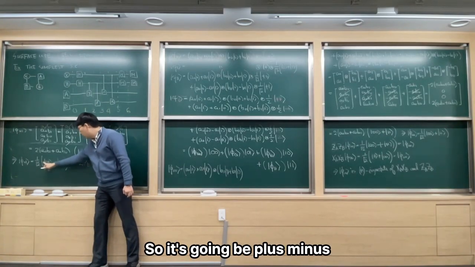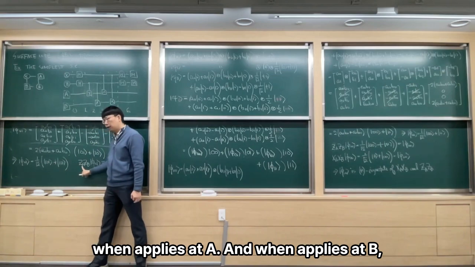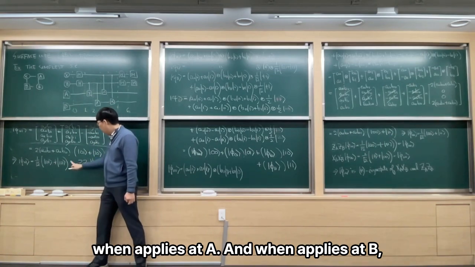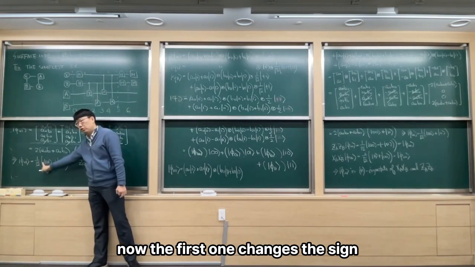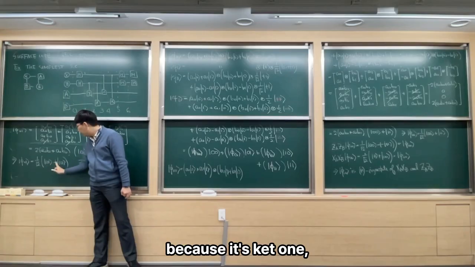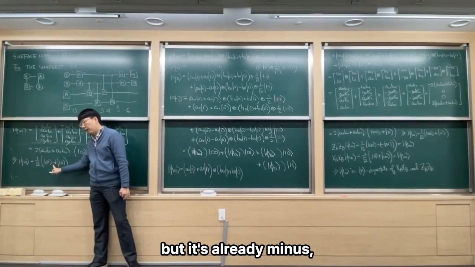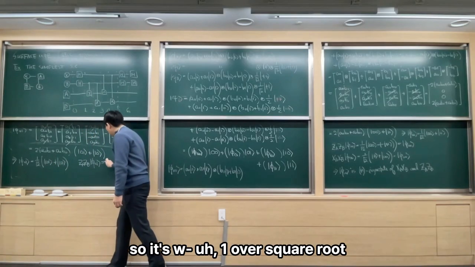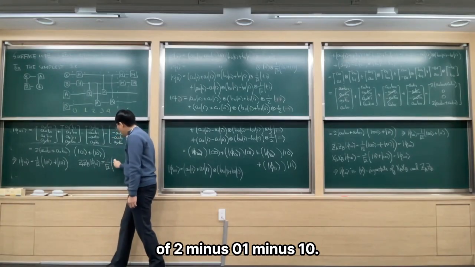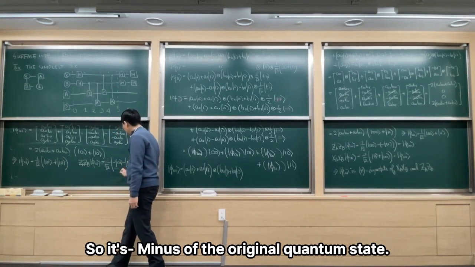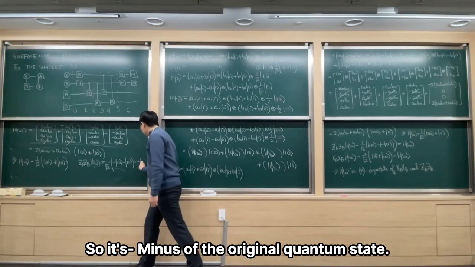So it's going to be plus minus when I apply ZA. And when I apply ZB, now the first one changes the sign because it's 1, but there's no change of sign for the second one, but it's already minus. So it's 1 over square root of 2, minus 0, 1 minus 1, 0. So it's minus of the original quantum state.